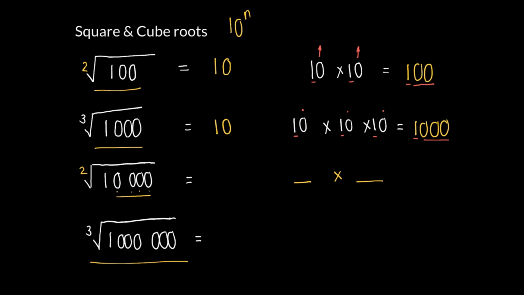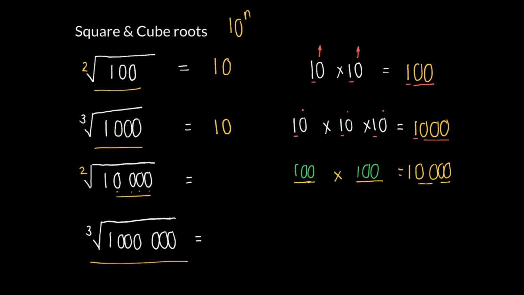So our answer needs to be equal to 10,000. And I can only multiply it twice. Because I only have 2 numbers, I'm going to share the number of zeros I have. So I can have one number that has 2 zeros and another number that has 2 zeros. So I'm going to get 100 over here and 100 over here.